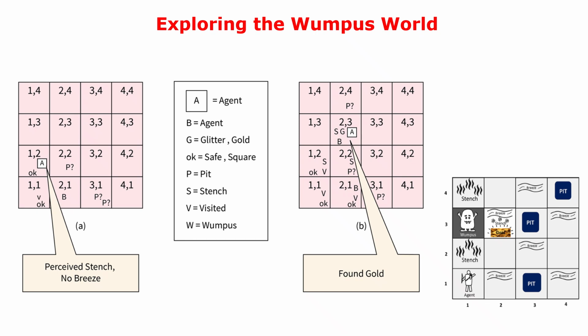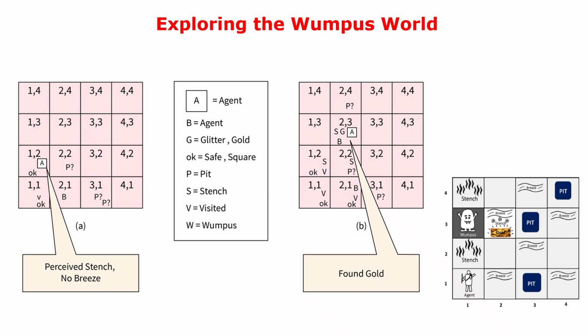Automatically it goes to 2 comma 2, which is visited and set to be okay, and then it moves to 2 comma 3, where the glitter or gold has been identified. So surely it will perceive stench and there will be no breeze. The gold and glitter at 2 comma 3 have been found.